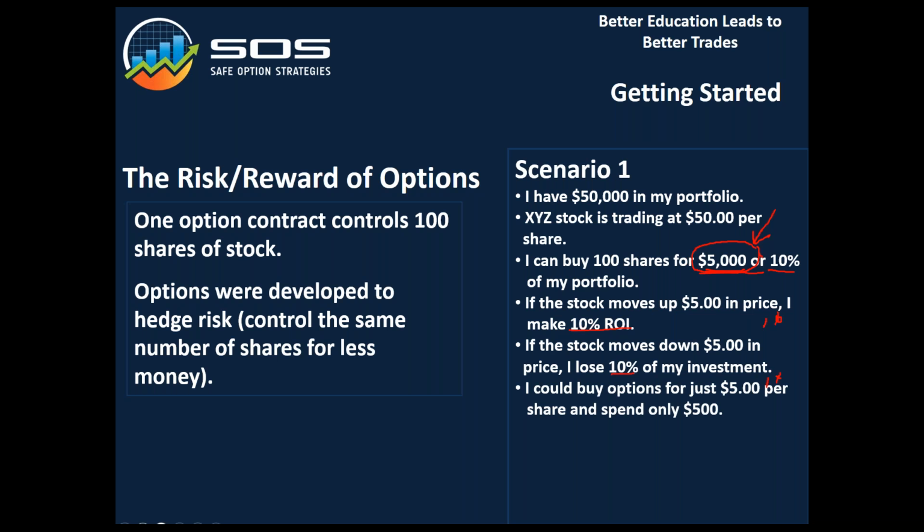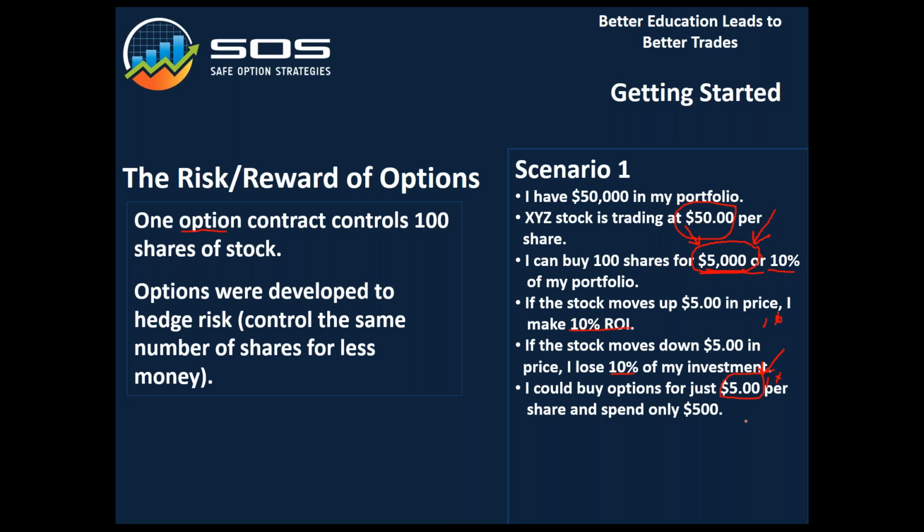Okay? Now, I could buy options. Here's the first scenario. Here's where we bring options into the mix. I could take that same $5,000 and an option might only cost me $5 per share instead of $50 per share. Remember, this is not a tangible asset.